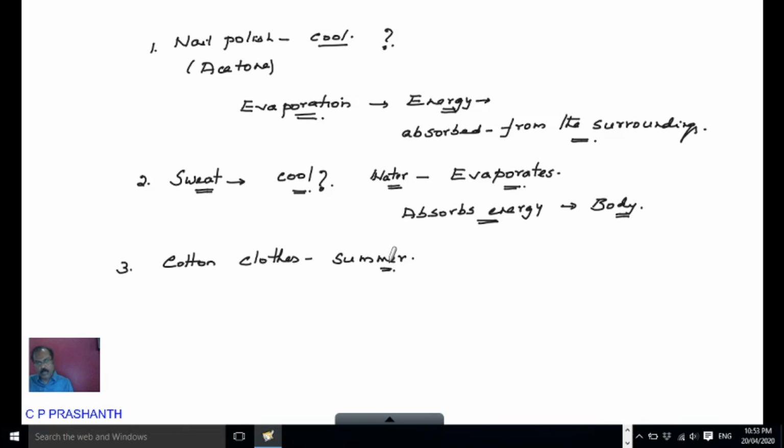In summer, we are likely to sweat more compared to other seasons. Cotton clothes absorb the sweat and the sweat evaporates by absorbing the heat energy. The body gets a cooling effect because of the temperature getting lowered.